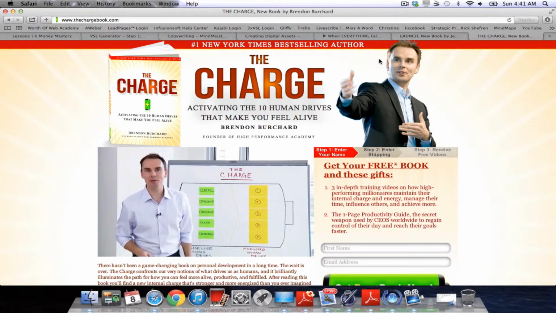And then I'm sure this red line here was solid red until this book arrived, and it didn't take too long, made the New York Times best-selling list, #1 up there. And then he came back to this page and had his web people put in that he's a #1 New York Times bestselling author.